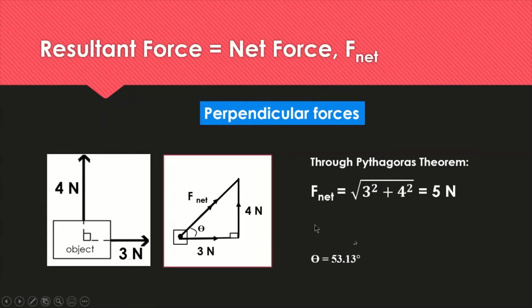So we use tangent. Tangent theta equals opposite over adjacent, so it's 4 over 3, and we find theta. So we can state that the net force is 5 Newton at an angle of 53.13 degrees from the 3 Newton force.